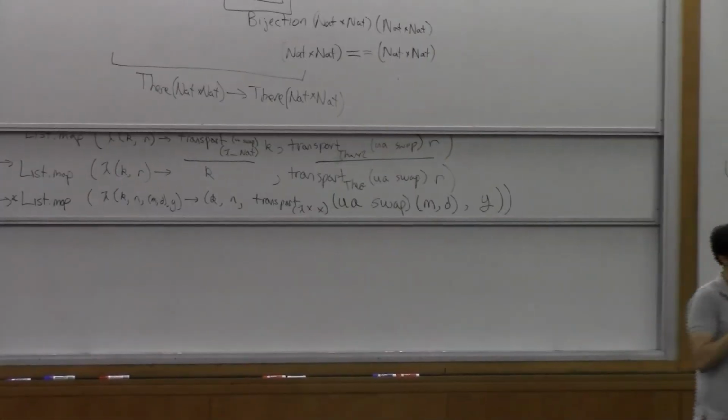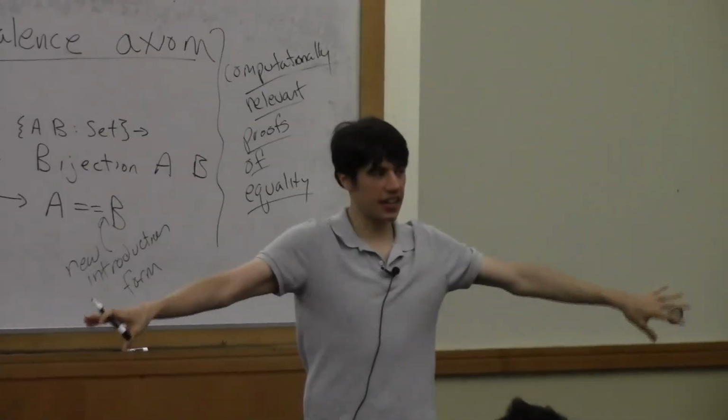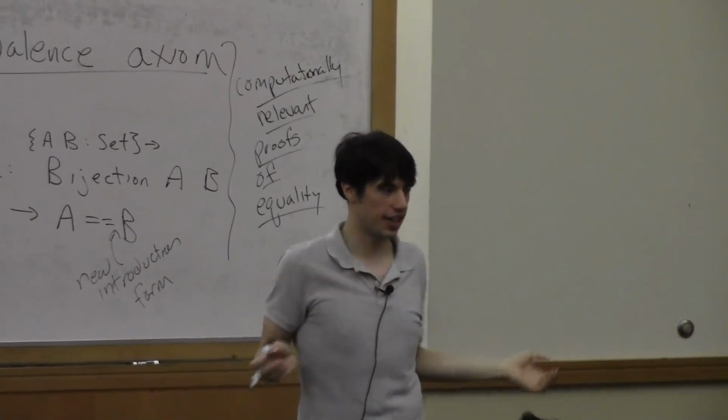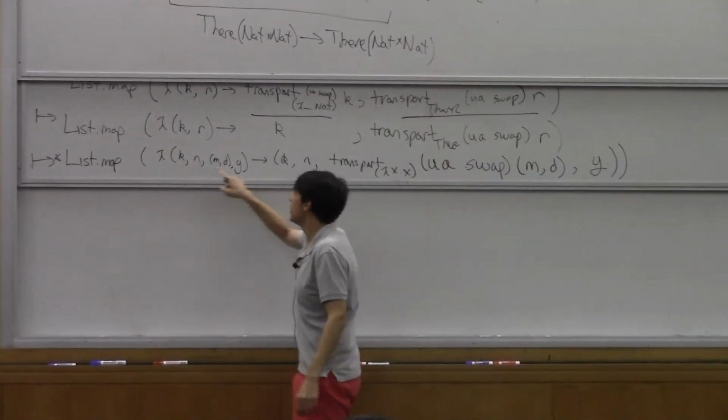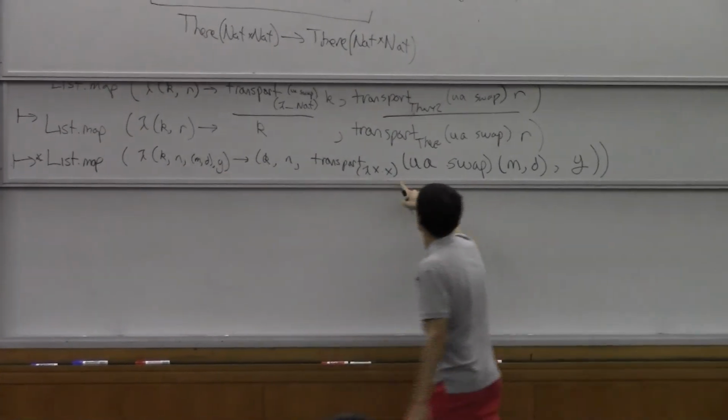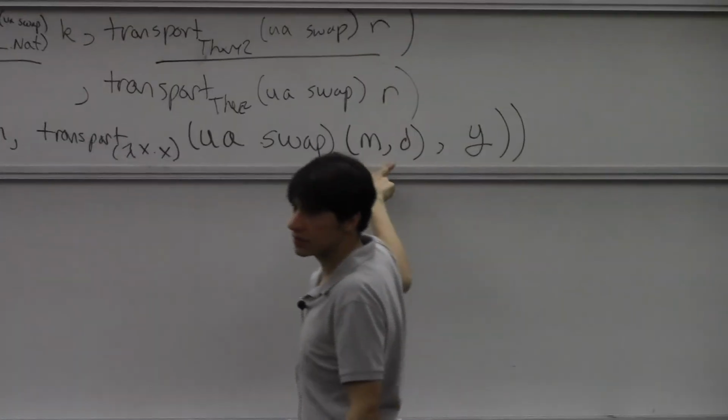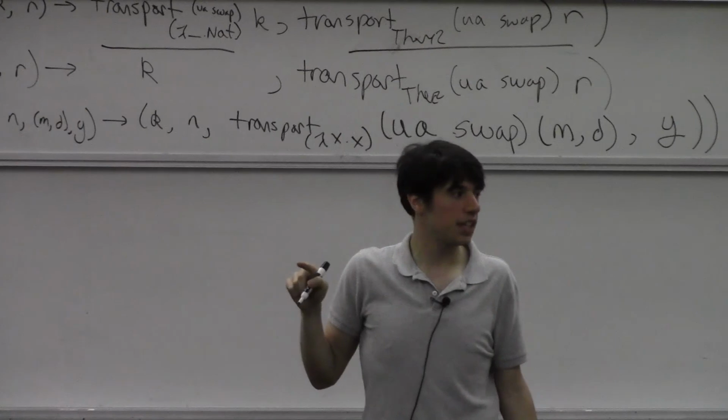So if I push inside the pairs two more times, and then I cancel the constants two more times, I say, leave the key the same, leave the name the same, leave the year the same, and end up with this. Good?